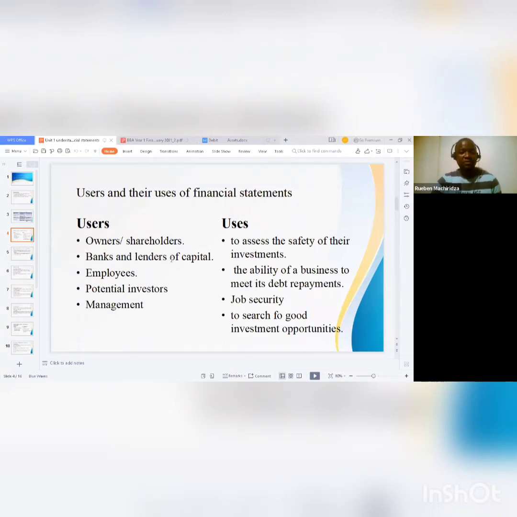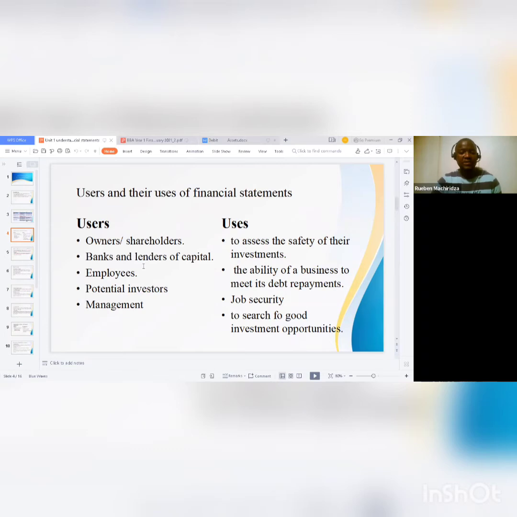And then we've got banks and lenders of capital. This is an example of an external user of financial information. As each business runs, it will need capital from external parties because most of the time business owners do not have enough to run their businesses.